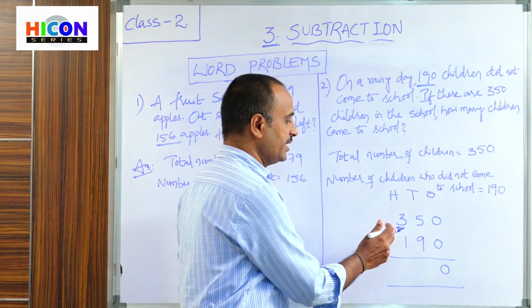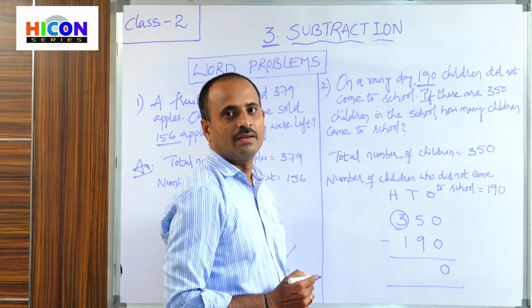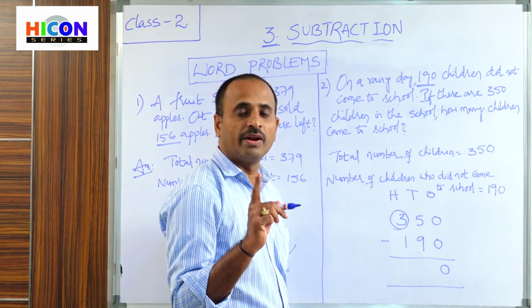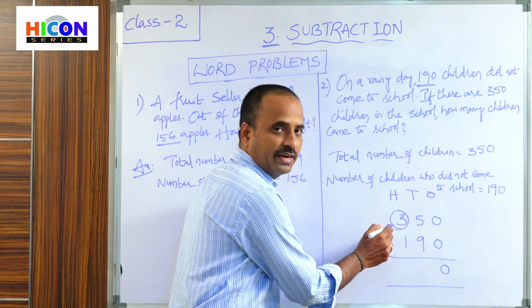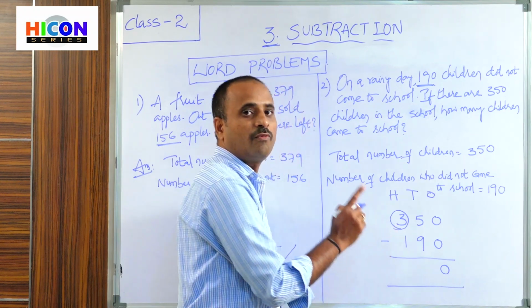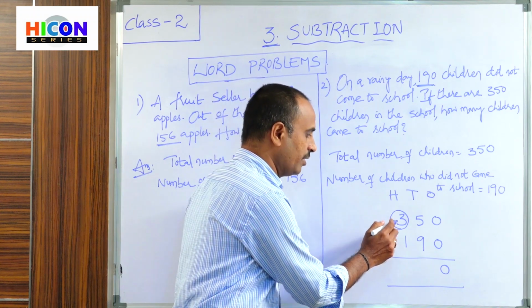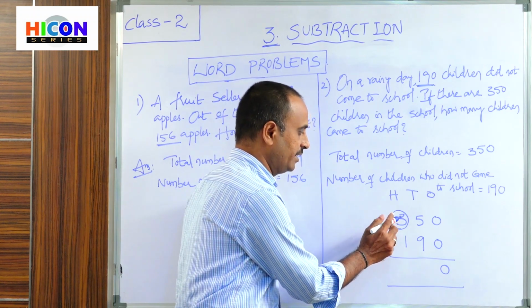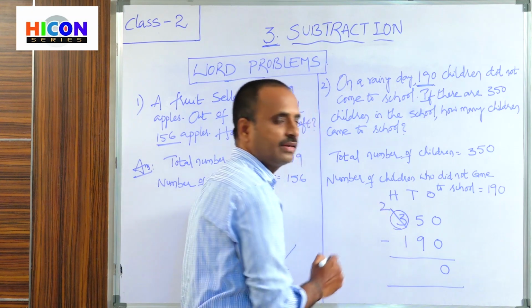How many hundreds are there in the next place? 300s are there in the next place. So borrow 100 from 300s. So if you borrow 100 from 300s, then how many hundreds will be there? 200s will be there.